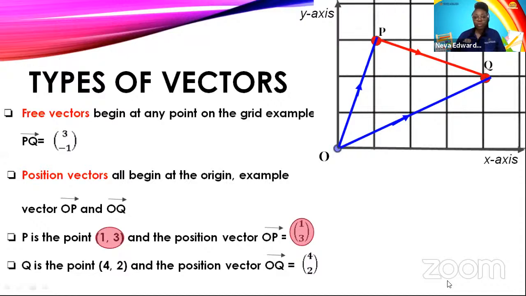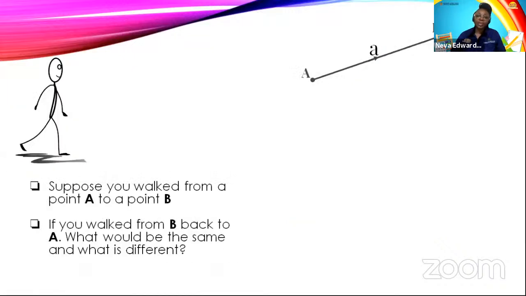Camille, we're going to move on to another type of vector, but I have a scenario for you. Suppose you walked from a point A to a point B, which I have represented on the screen. If you were to walk back from B to A, would that be the same distance traveled?